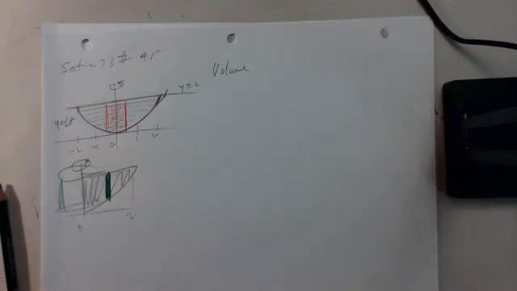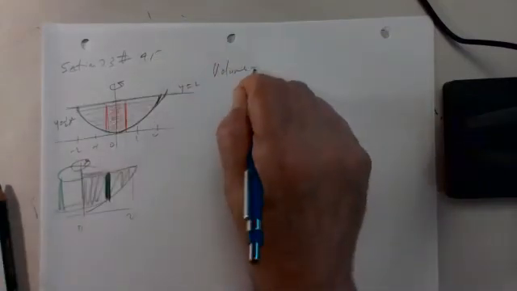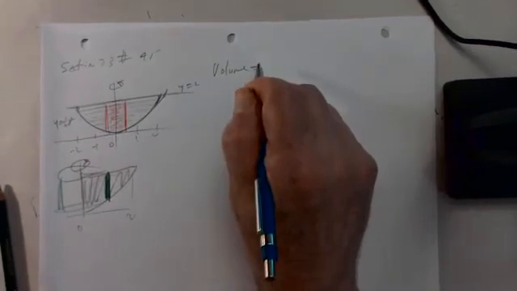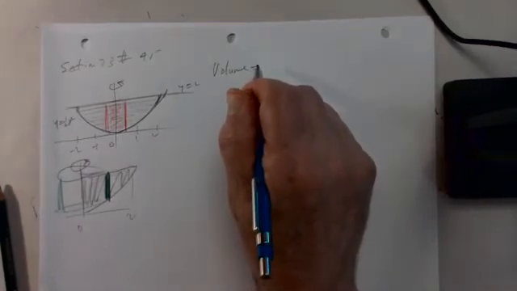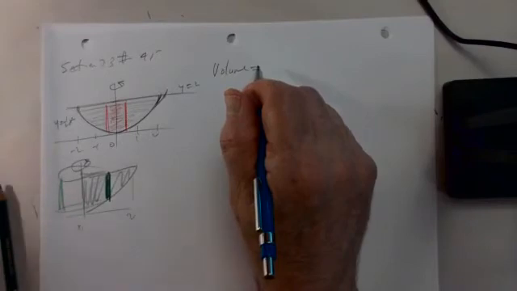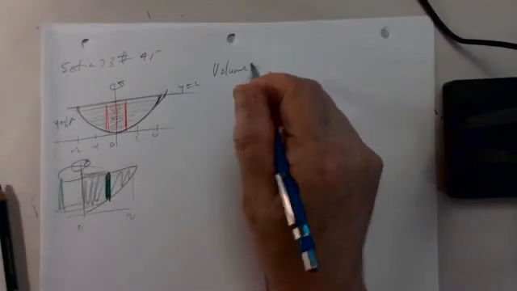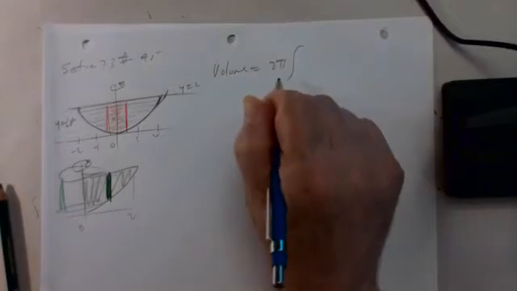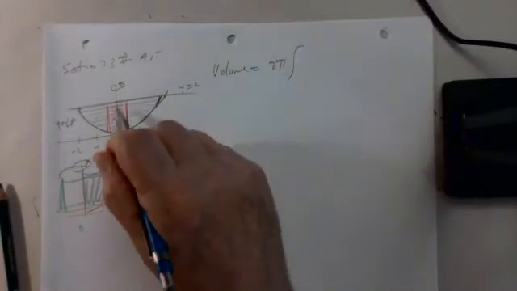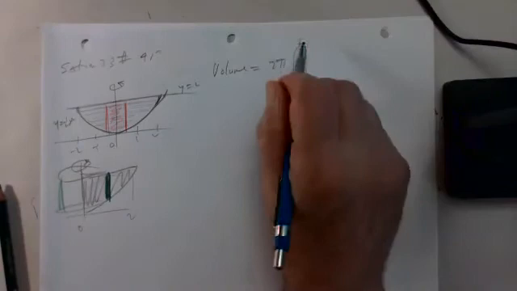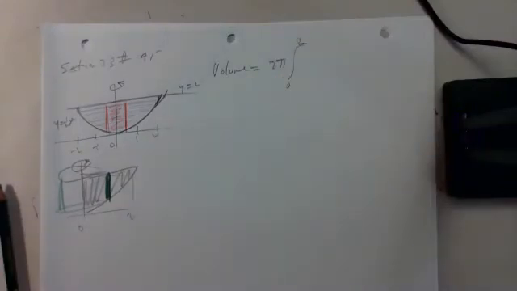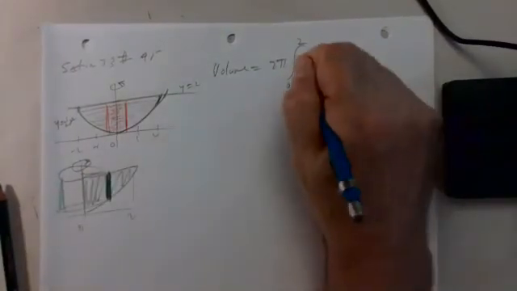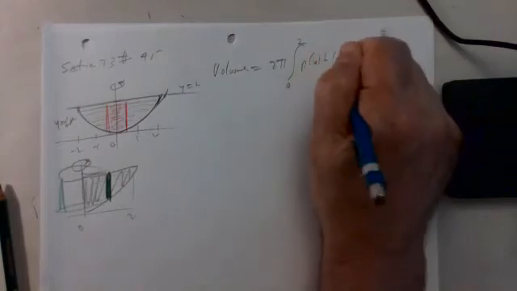The shell method says the volume is going to be 2 pi times the integral from 0 to 2 of, the formula is P of y, H of y, dy.